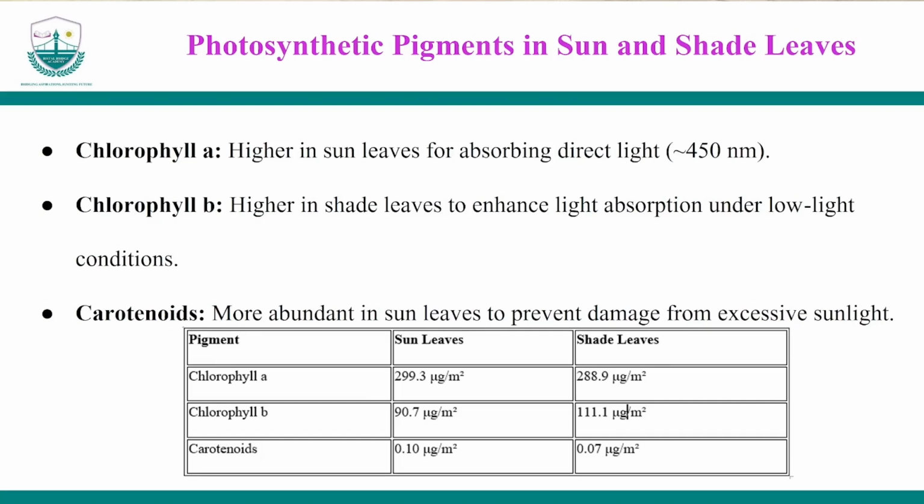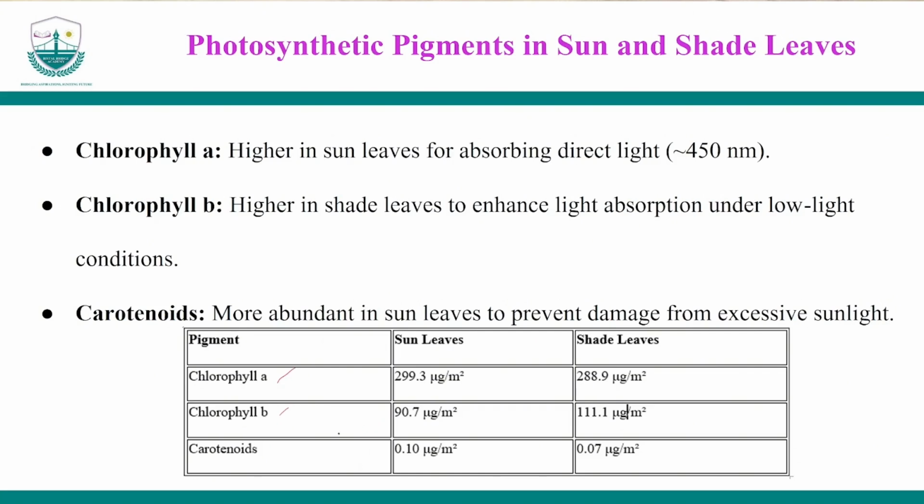Okay, so like we said, the different photosynthetic pigments absorb light of different wavelengths, and we can see from this table chlorophyll A, chlorophyll B, and then the carotenoids.